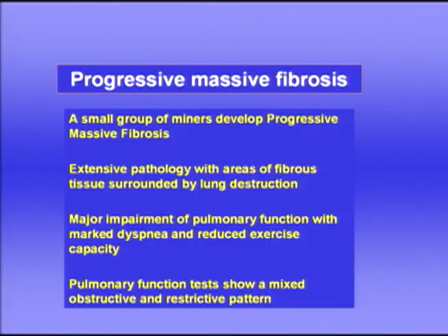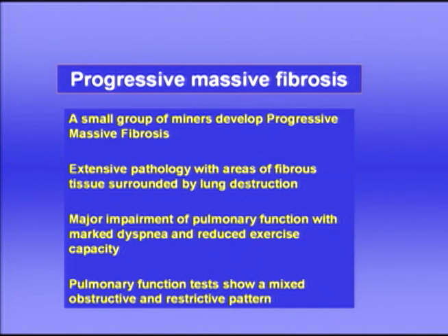Now, a few miners go on to develop what's called progressive massive fibrosis, and this is a completely different cup of tea. Here you've got extensive pathology in the lung with areas of dense fibrous tissue, surrounded by areas of lung destruction, surrounded by areas of emphysema.